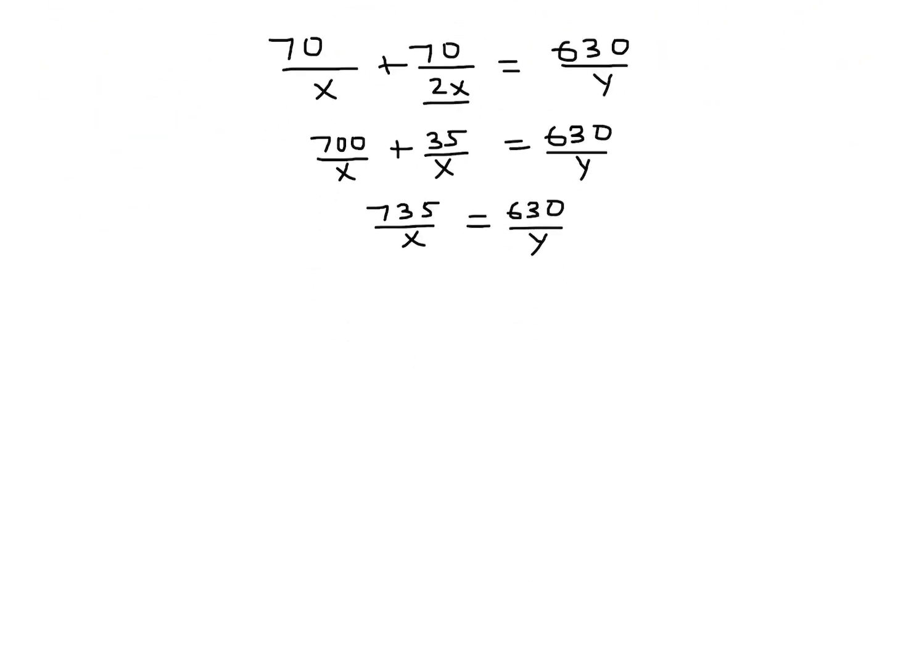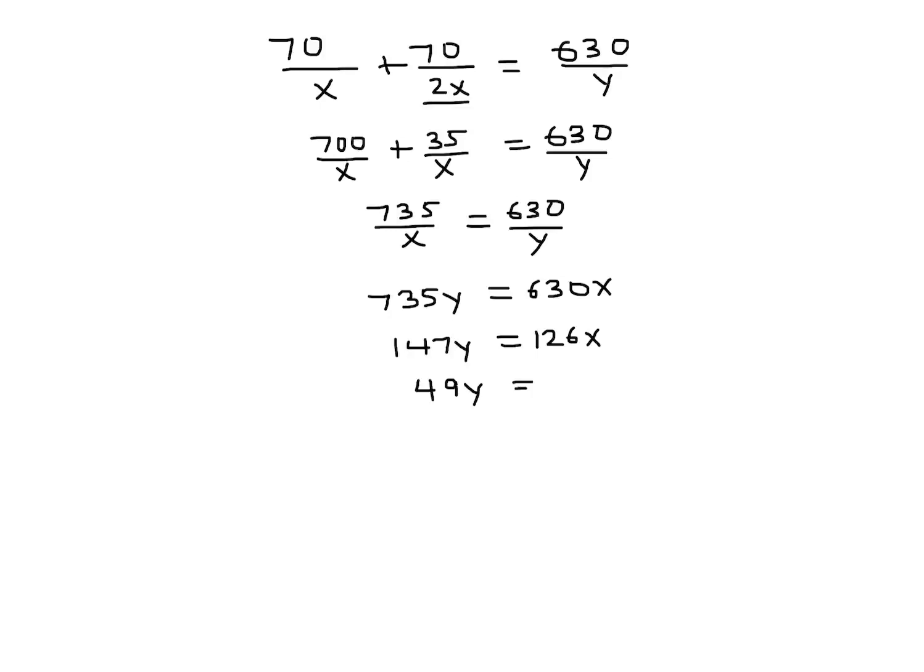And therefore 735y is equal to 630x. And let's see, if you divide through by 5, 147y and 126x, divide through by 3, let's say.